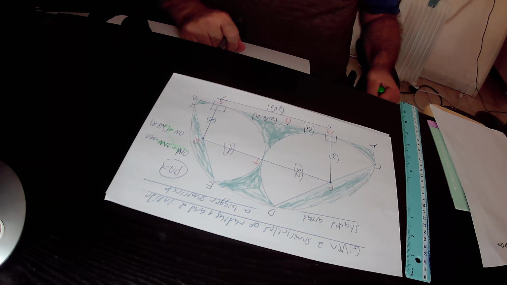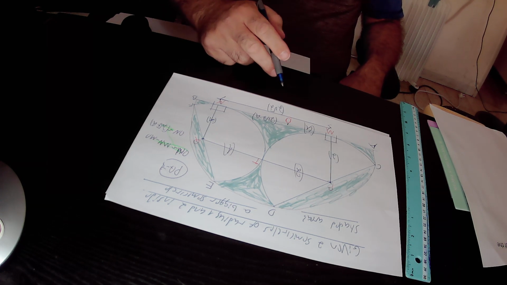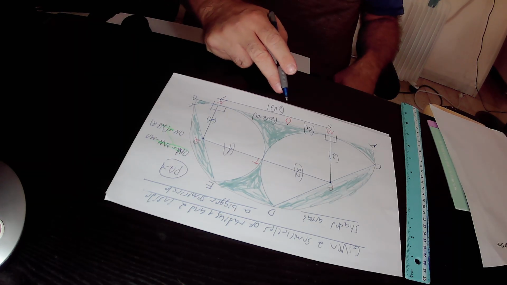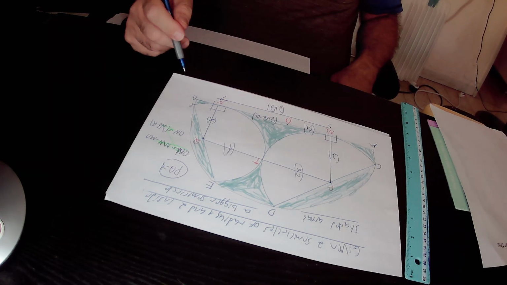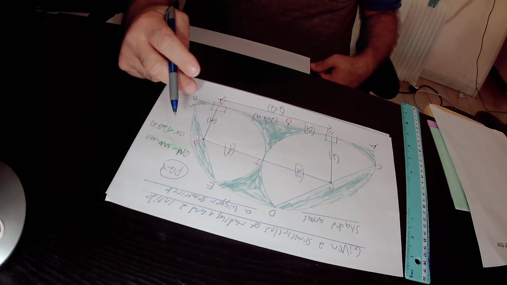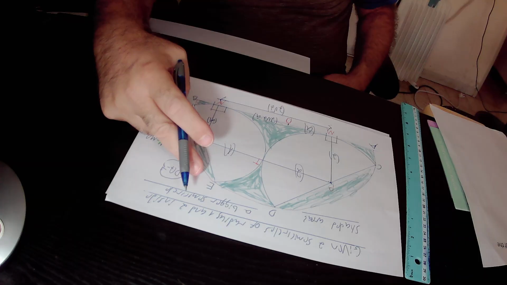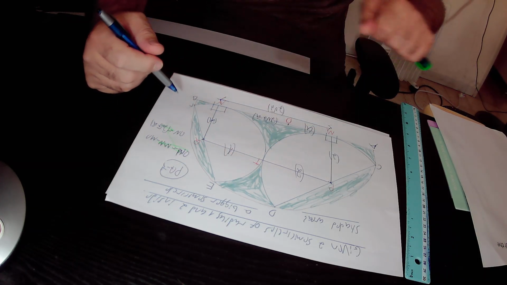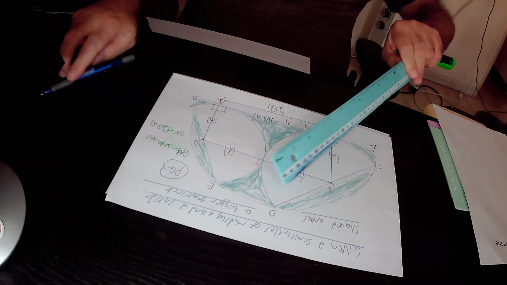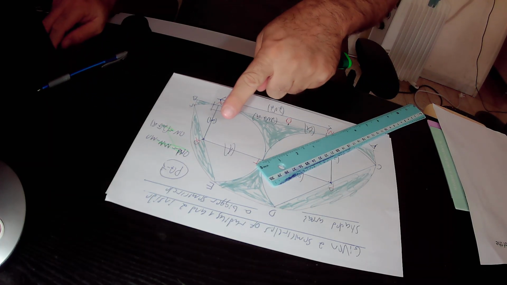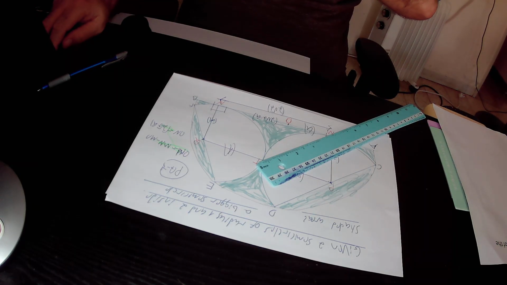In the next step, we'll join points O and Q together by a straight line. Point O is the center of the biggest semicircle. Point Q is the midpoint of chord EF. Again, point Q is the midpoint of chord EF. And of course it is the center of this small semicircle.